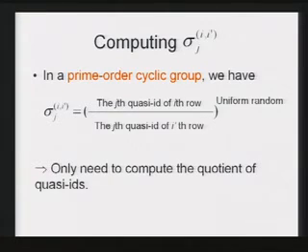So we have 1 when these two entries are equal, and we have a uniformly random element if they are not equal. So it's a division, modular division? You are doing a division in the group? Yes.